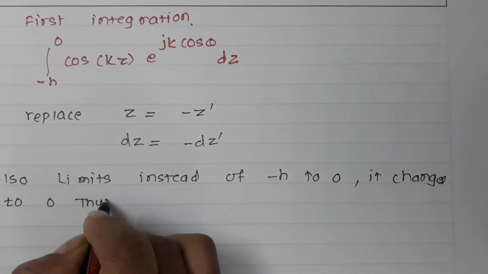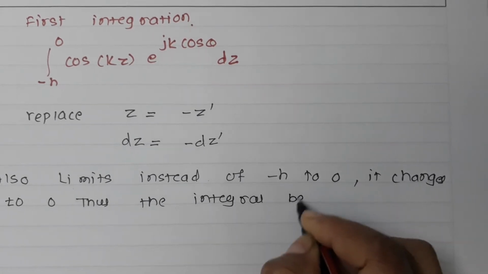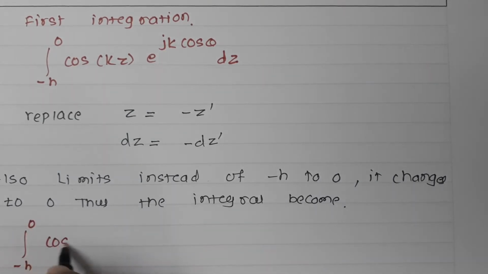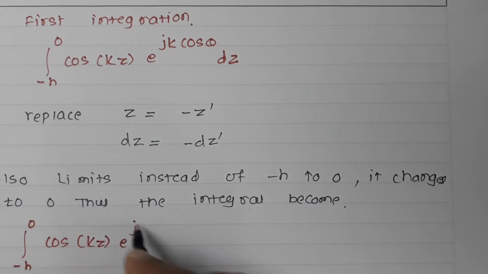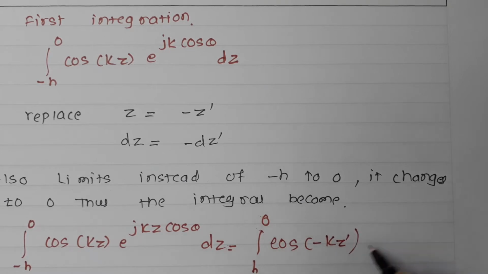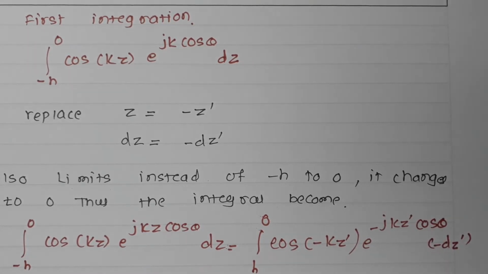So the integral becomes: if I want to write this integral again, I'll write the integral from minus h to 0 of cos of kz e raised to jkz cos theta dz is equal to the integral from h to 0 of cos of minus kz dash e raised to minus jkz dash cos of theta times minus dz dash. So I have written it completely.